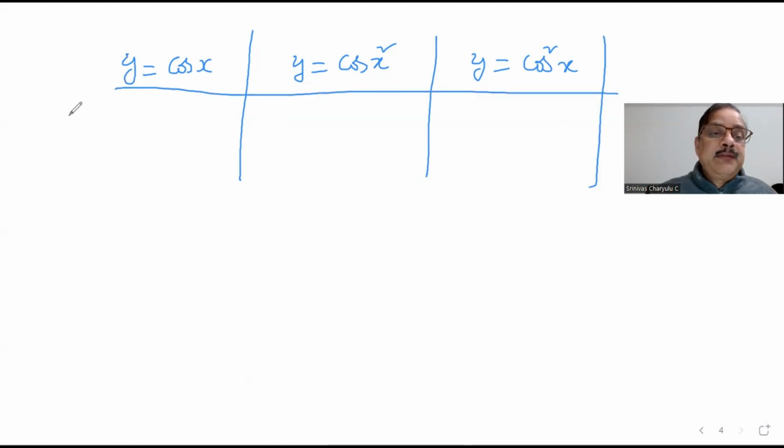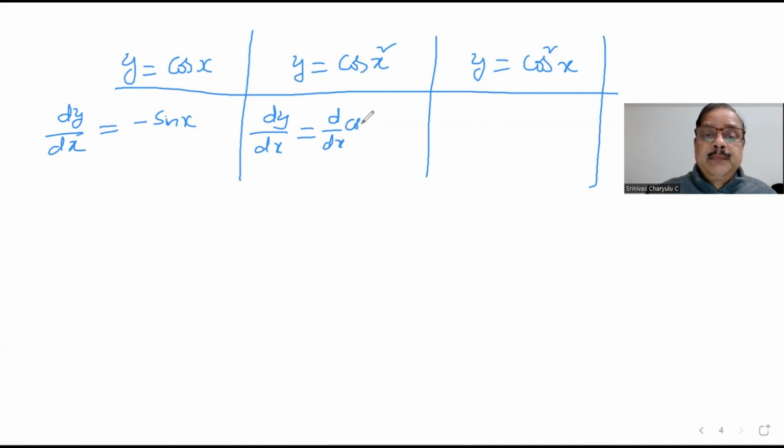Differentiate these three and understand the difference. In the first case, dy by dx is equal to d by dx of cos x, which is nothing but minus sin x. In the second case, dy by dx is equal to d by dx of cos x square into d by dx of x square.